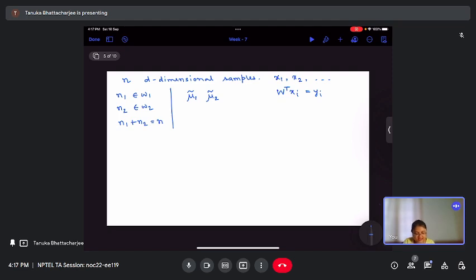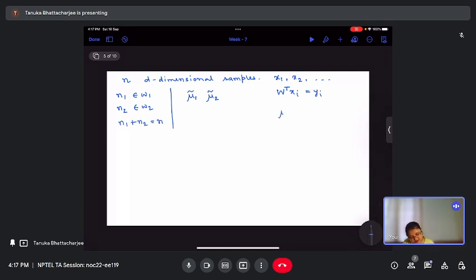Now let's say we denote the mean of these Yi's by mu i tilde. So mu1 tilde is the mean of Yi's for the class omega 1 and mu2 tilde is the mean of Yi's for class omega 2.